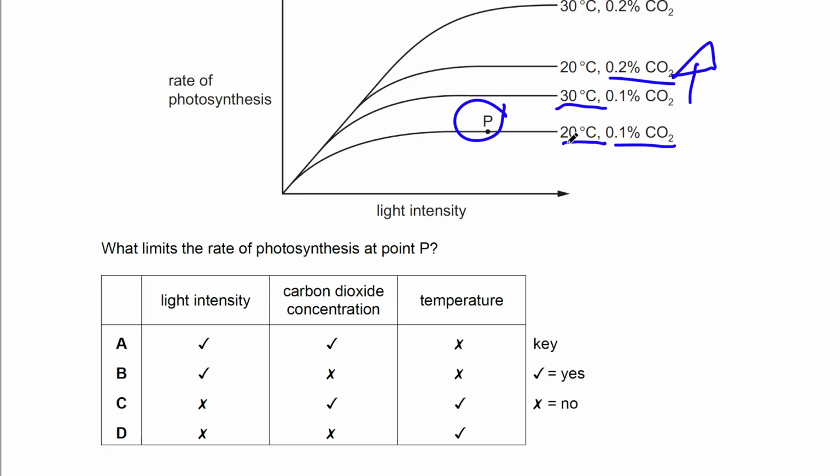So we have the temperature and the carbon dioxide concentration, and we can consider them as limiting factors. Regarding the light intensity, as we can see, it's constant for all. So the choice here is C: carbon dioxide concentration and temperature.